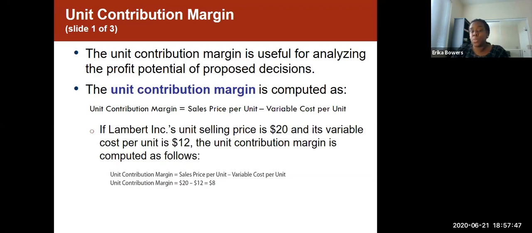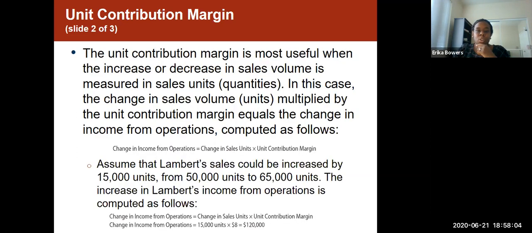So we know our sales price was 20, our variable cost was 12, and so our unit contribution margin is 8. And we can use this to determine how many units we need to sell in order to change our income from operations.